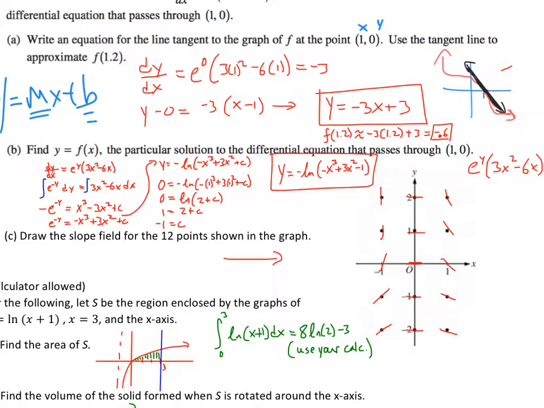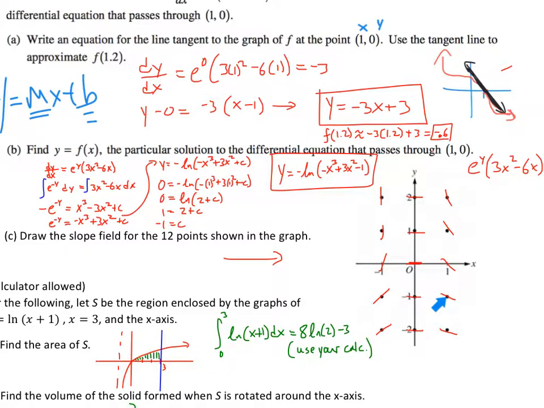All right? Up here we had a slope of -3 at the point (1, 0). So at the point (1, 0), we've got a slope of -3, something like that, maybe a little bit steeper, but it's fairly steep. And then at each of these points, we need to plug in the coordinates, like (1, -1).